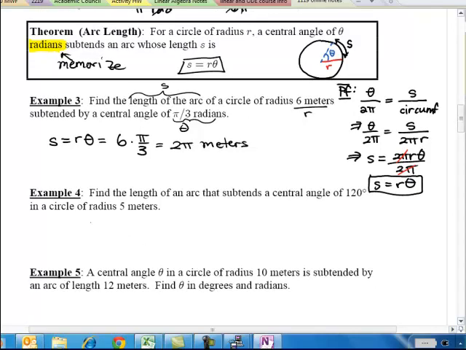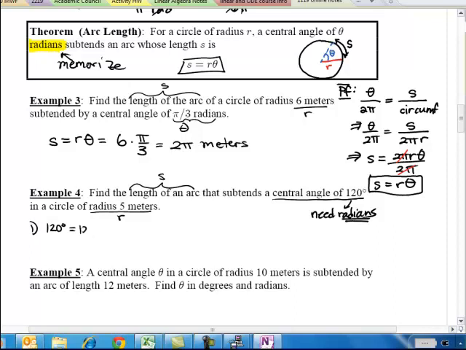Then the next example here, example 4, is again looking for arc length. So we're looking for s, but we've got an angle of 120 degrees. So we need radians. And the radius is 5 meters, so we've got our r value given. So the first step would be convert 120 degrees to radians.